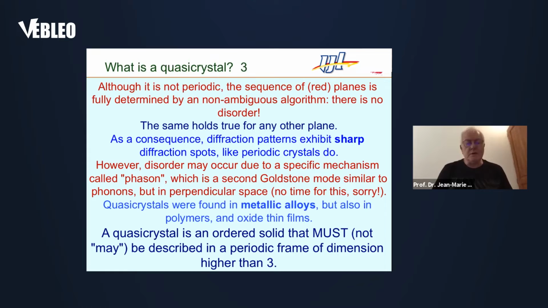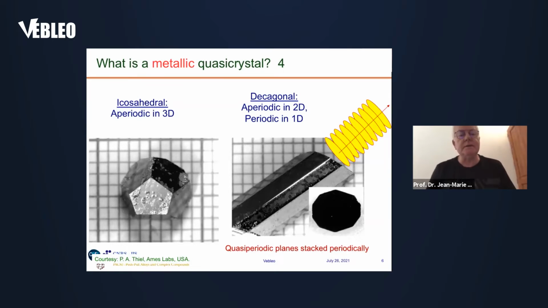And therefore, a quasicrystal is an ordered solid that must, not may, be described in a periodic frame of dimension higher than 3. And this is the difference between a quasicrystal and a normal crystal, as we all know, in solid condensed matter.